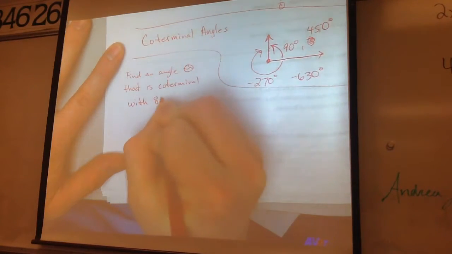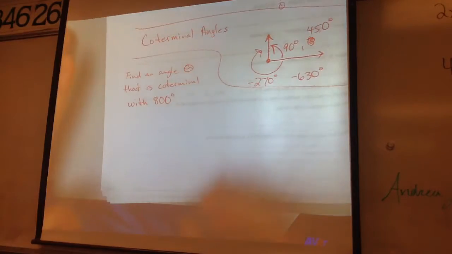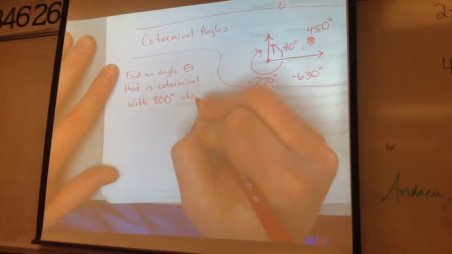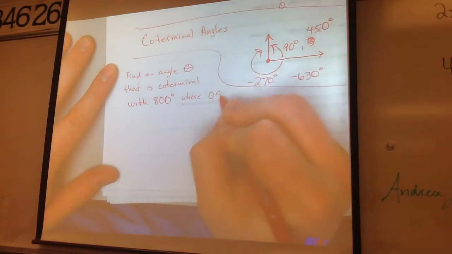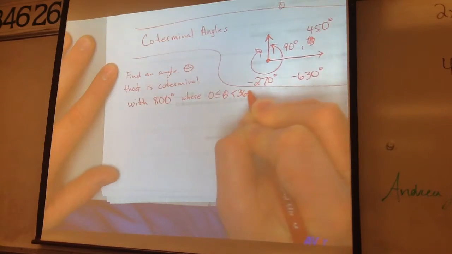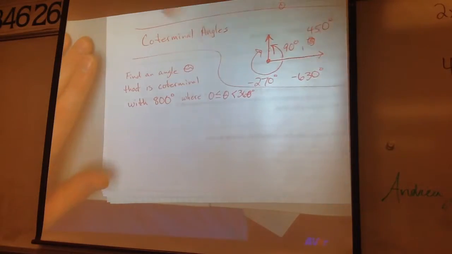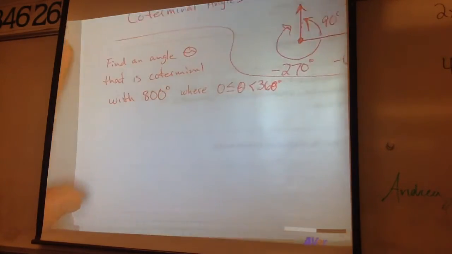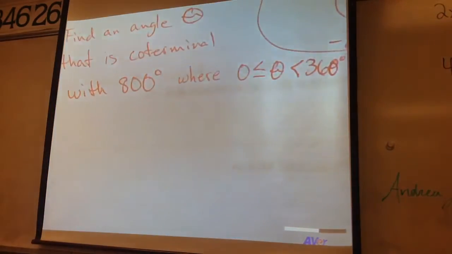It's theta. It's theta, 720. Find an angle theta where 0 is less than or equal to theta, which is less than 360.